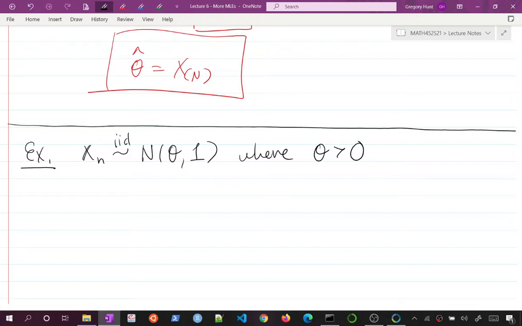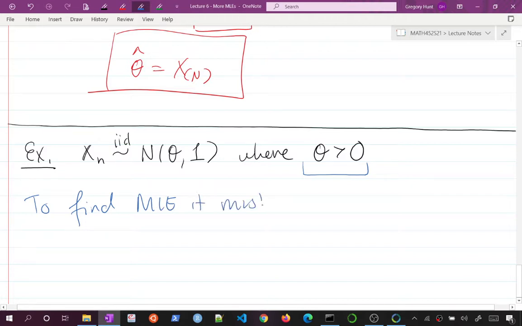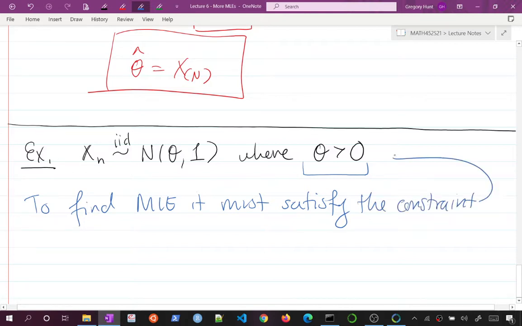And to find the MLE, maybe I should write this down, it has to satisfy the requirements of theta. So it has to satisfy whatever constraints I give it.